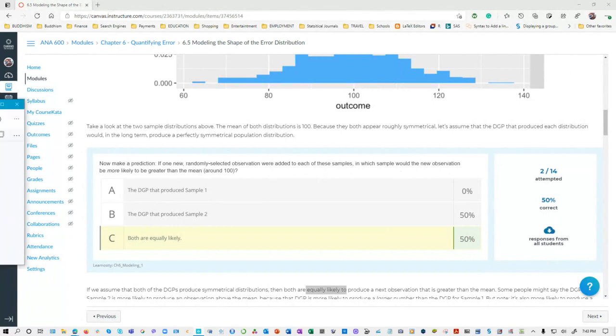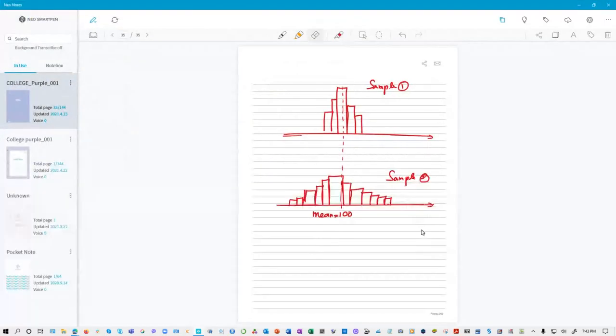Let's say, what is the chance of any distribution producing a value more than 100, more than the mean? It's half, or 50%.